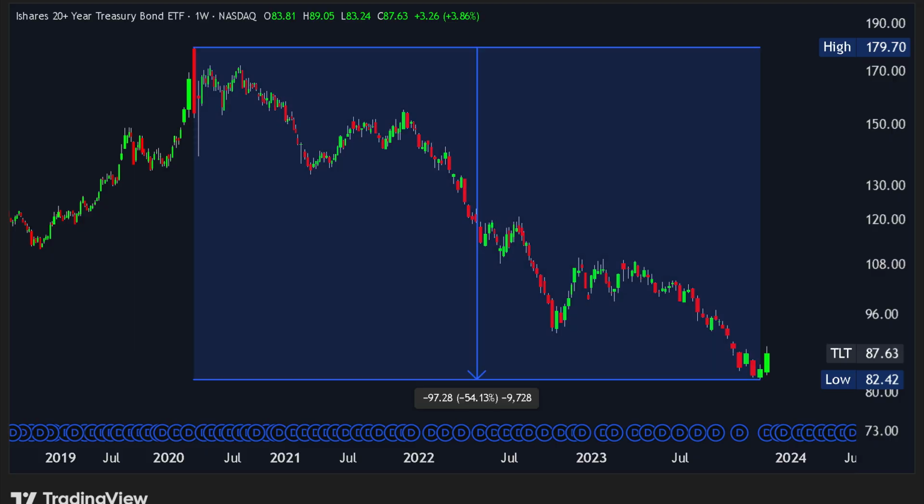By this point, price has already declined by approximately 54% from its previous high. At the same time, the market was beginning to expect gradual reductions in interest rates. This created a reasonable hypothesis that TLT could begin a larger recovery.